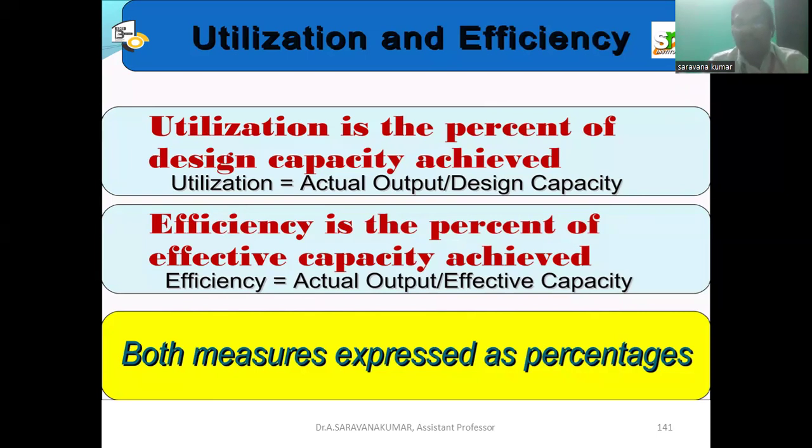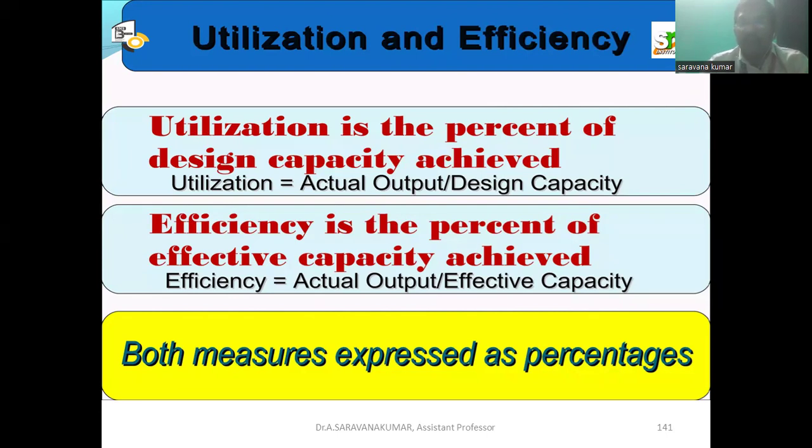So now we have discussed, in the last session, theory of constraint and capacity constraint, and also we discussed capacity planning. These are all very important concepts in operations management, because of utilization and efficiency.